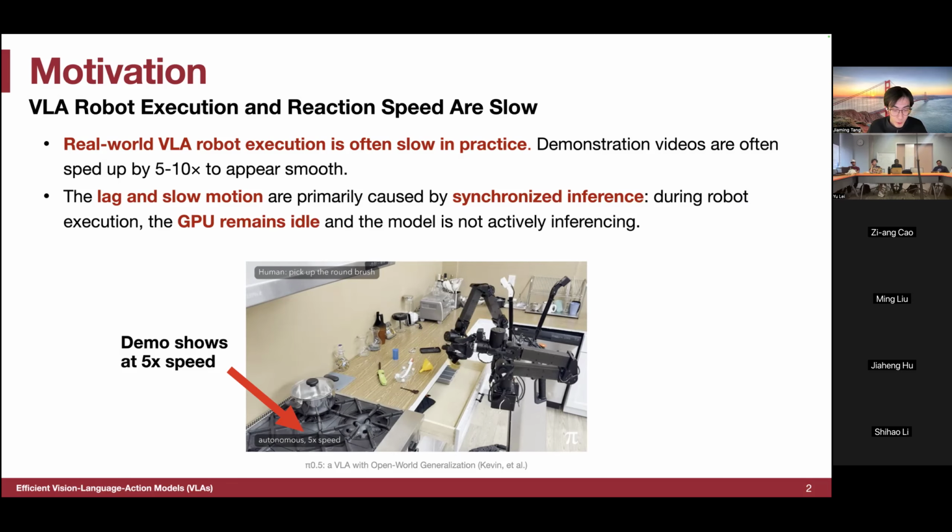The reason is that most VLA systems use what we call synchronous inference. In synchronous inference, the robot waits for the model to finish the inference before executing the next chunk of actions.